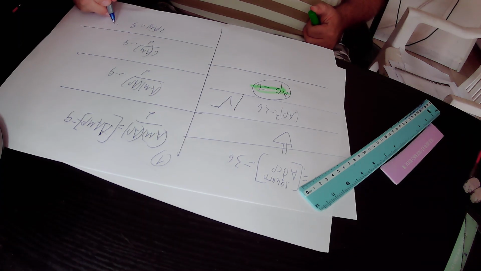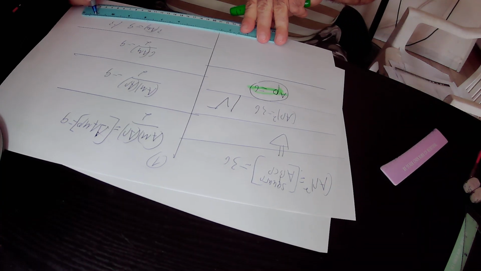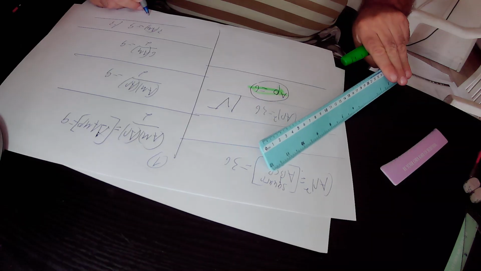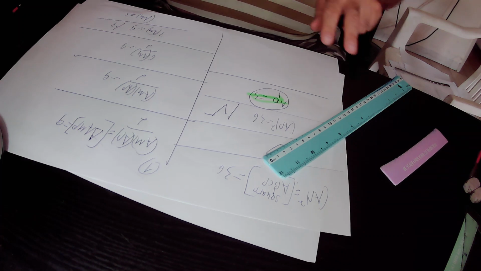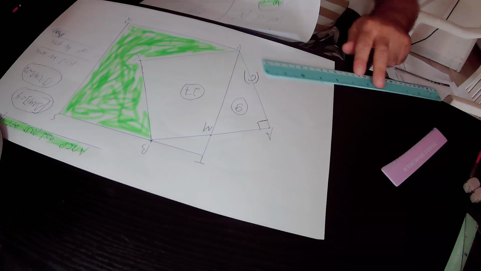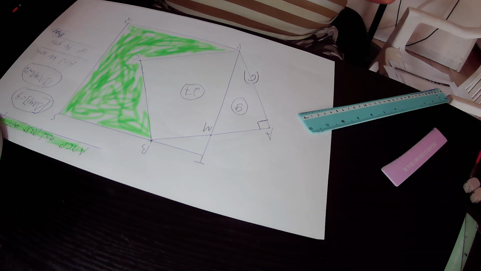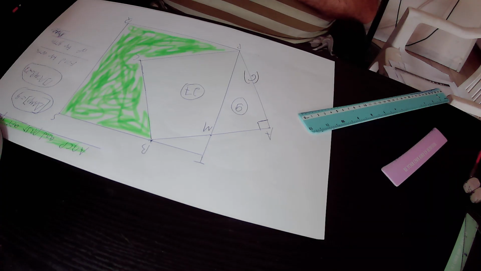Here we divide this equation by 3. And finally we get that AM equals 9 over 3, which is 3. So AM equals 3 units in length. This is side AM, which equals 3 units in length.